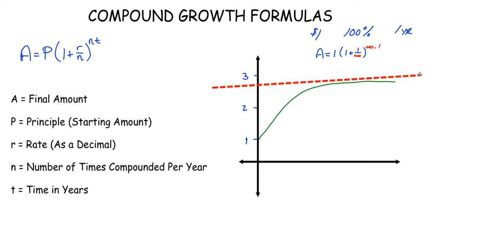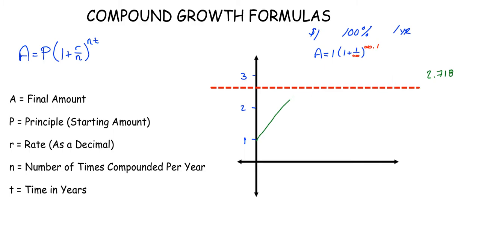That value is a little bit below 3. It actually comes out to be about 2.718 and change, and it goes on forever. It's an irrational number. Let me just straighten that line out a little bit so you guys have a better view.